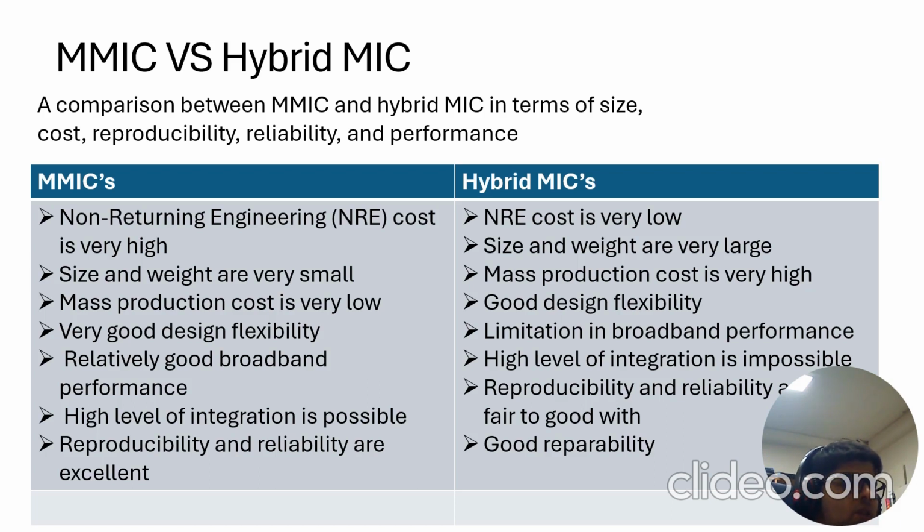MMIC size and weight are very small compared to hybrid MMIC. And mass production cost is very low for MMIC, but for hybrid MMIC, mass production cost is very high.